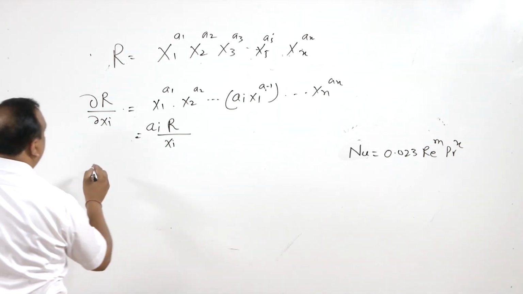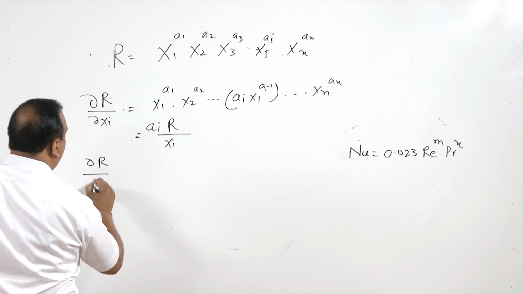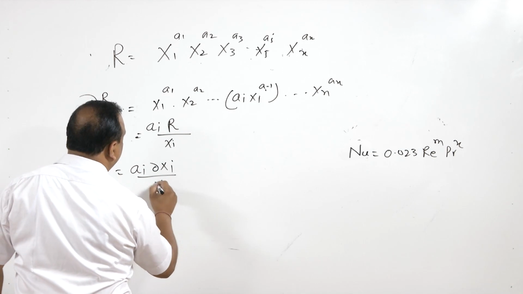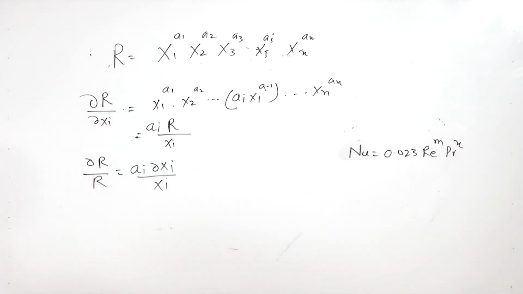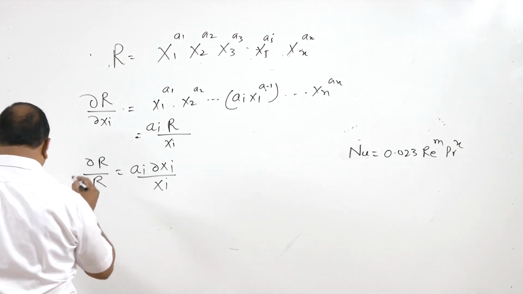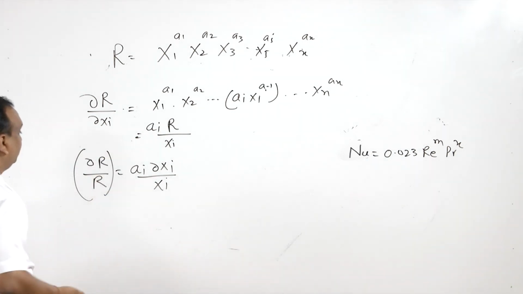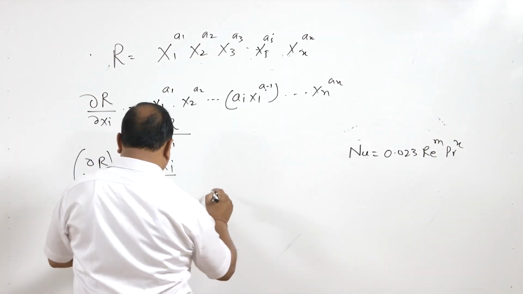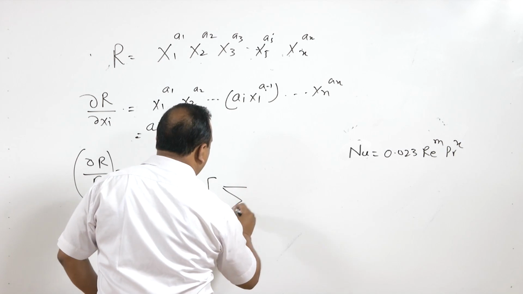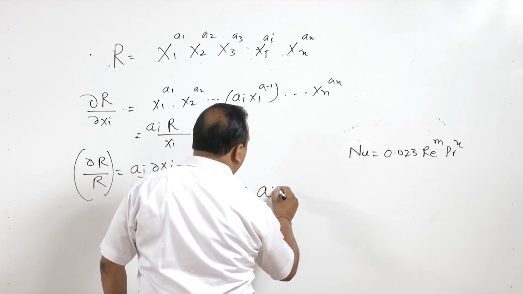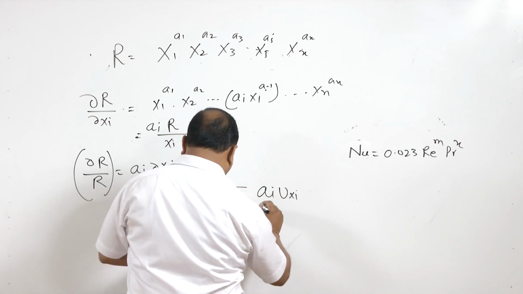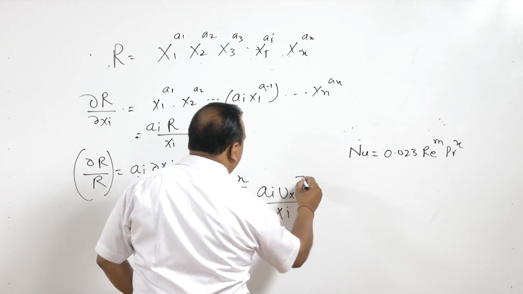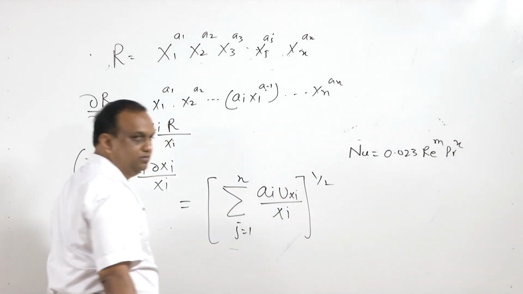So, del R by R is equal to ai del xi by xi. And when we say the uncertainty in the measurement, it can be expressed in terms of percentage because it is del R by R. It can be expressed as the square root of sigma of ai u xi, this is uncertainty in xi, divided by xi, squared, i equal to 1 to n, raised to power 1 by 2.